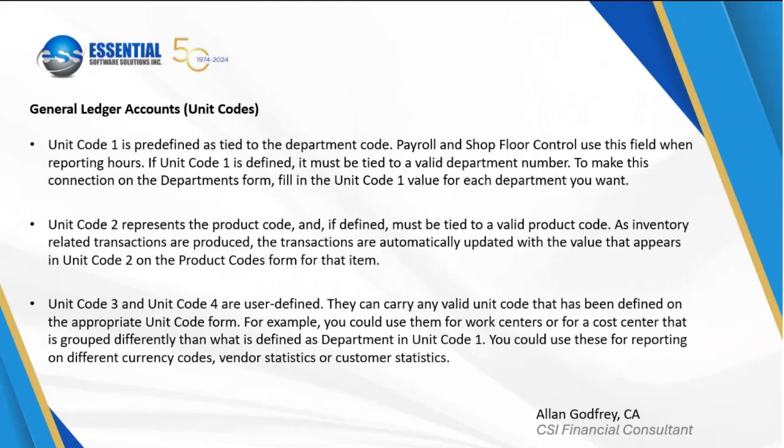And then within SyteLine, you've got your Unicodes. Now, generally the Unicode number 1 is tied into a department. So it could be payroll or shop floor or something like that within your organization, however it pertains. Unicode number 2 is for product, different product codes.